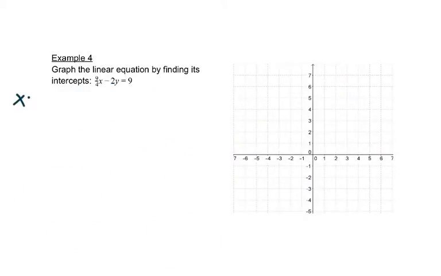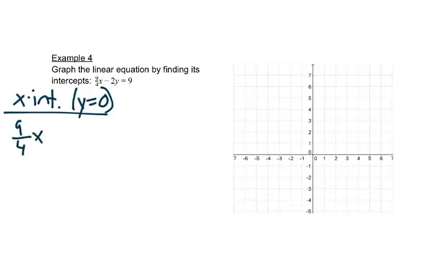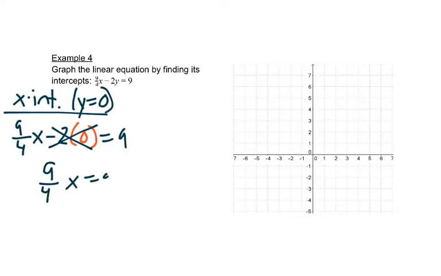We'll do it again here, just one more time to practice. We'll find our x-intercept, so we'll make y equals 0. So we have 9/4 x minus 2 times 0 equals 9. Now 2 times 0 is just 0, so that part's not helping us at all. It doesn't do anything to the equation, minus 0. So we really just have 9/4 x equals 9.